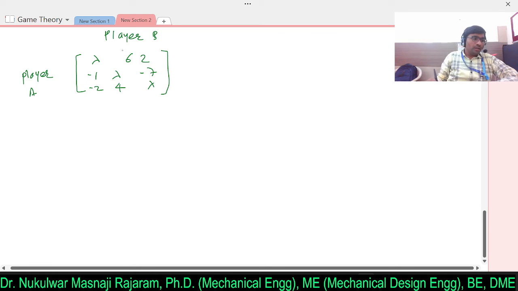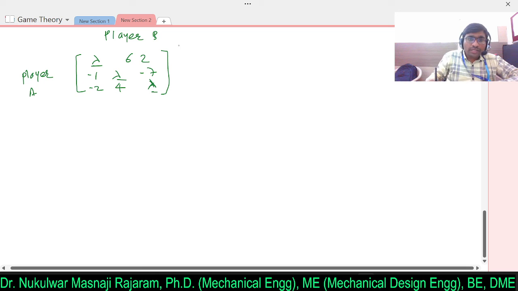Clear? Now what is the question? Question is, for what value of lambda is the game with the following payoff matrix strictly determined. Clear? So here we need to evaluate the value for this particular lambda.